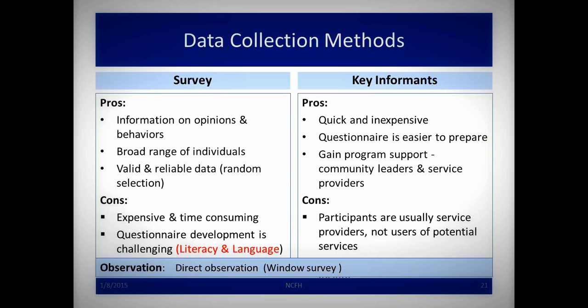The downside is that it can be very expensive and time-consuming. Questionnaire development is very challenging, especially if you need to take into account the literacy level of the populations you are trying to assess, as well as having to translate that questionnaire into several languages. So that becomes really very expensive.